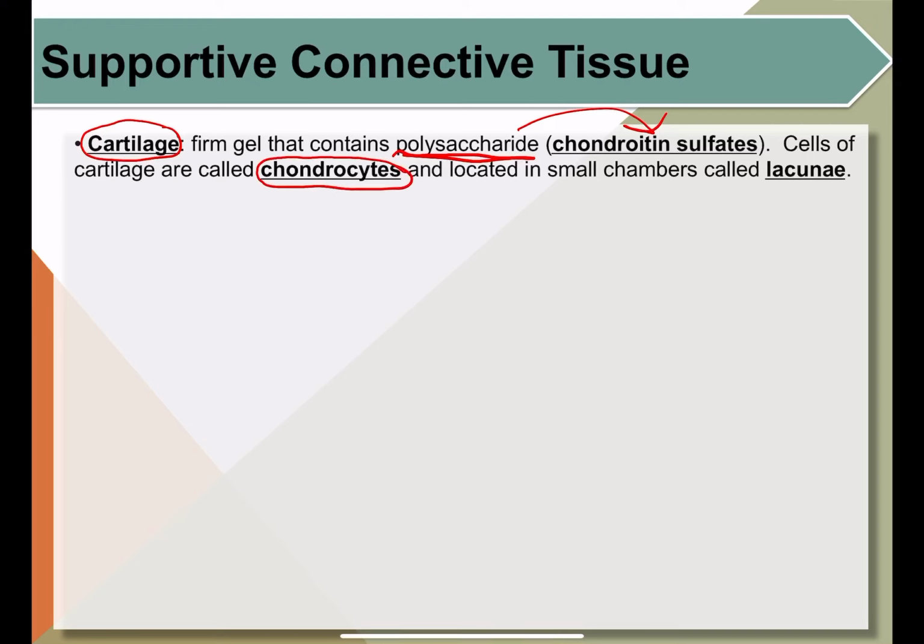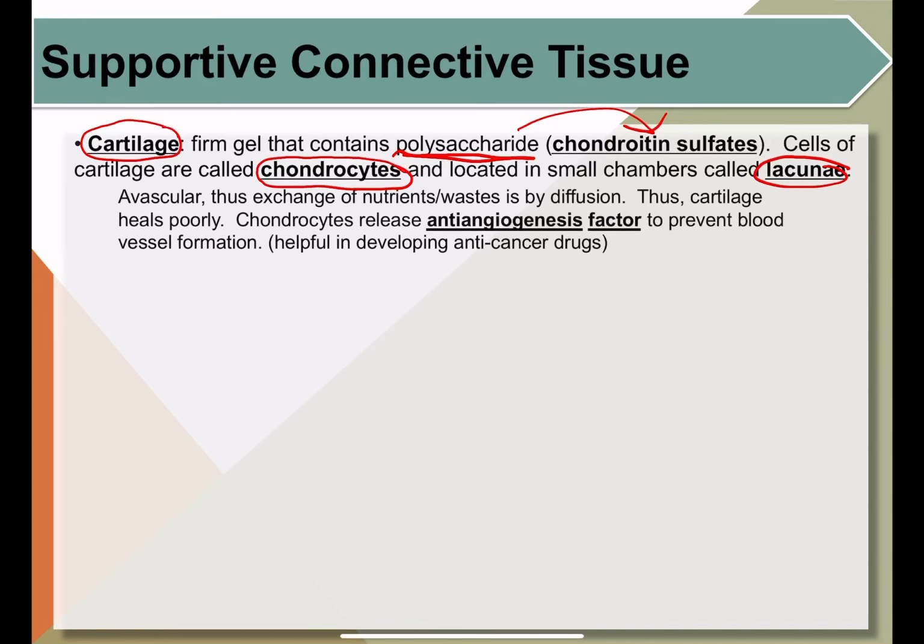So chondrocytes are the specialized cells of cartilage, and they live in small pockets or chambers within the tissue called lacunae for plural, lacuna without the E for singular.